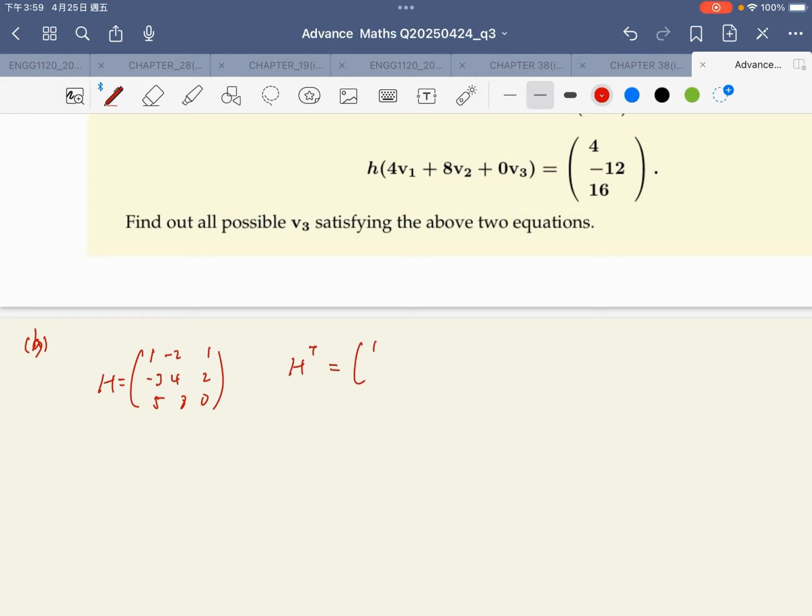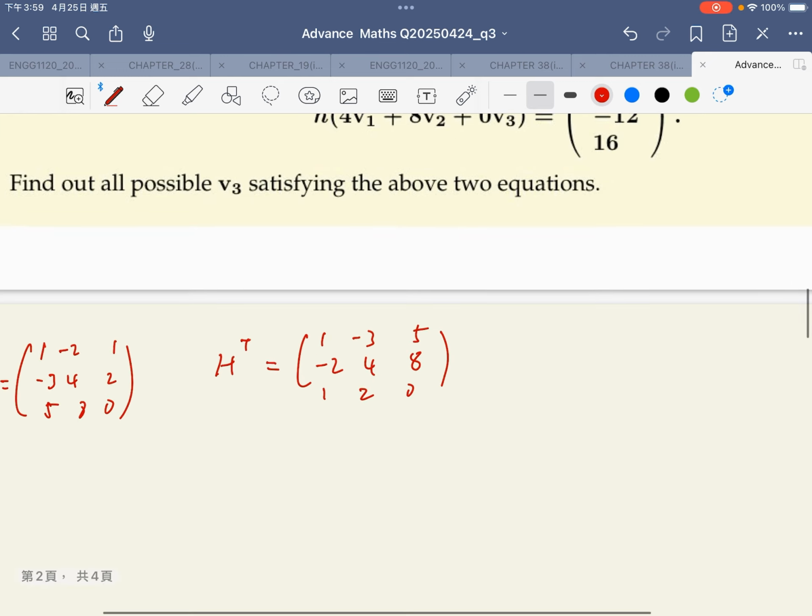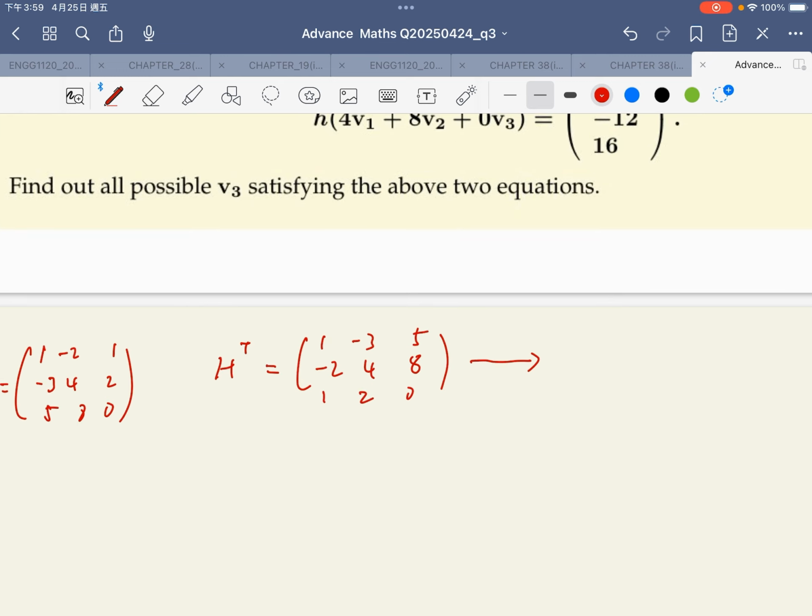The transpose is 1, -3, 5; -2, 4, -8; 1, 2, 0. Okay, use Gaussian elimination.